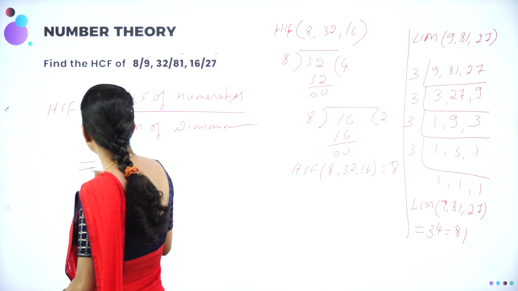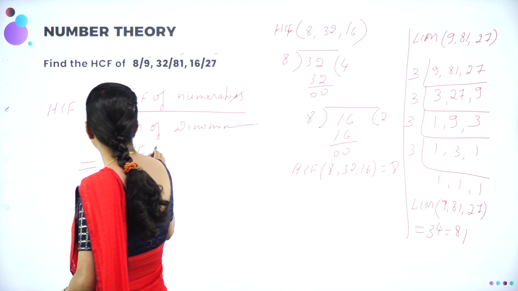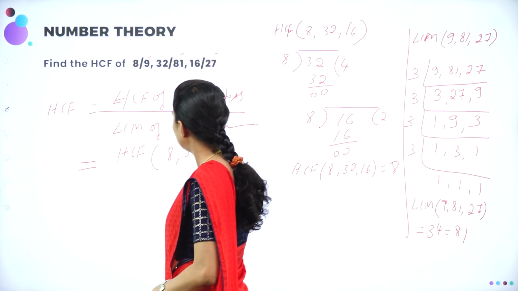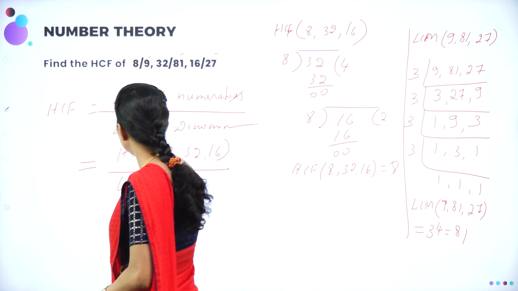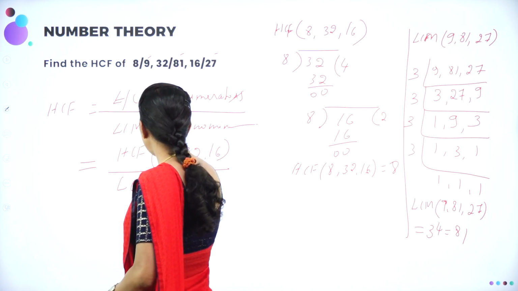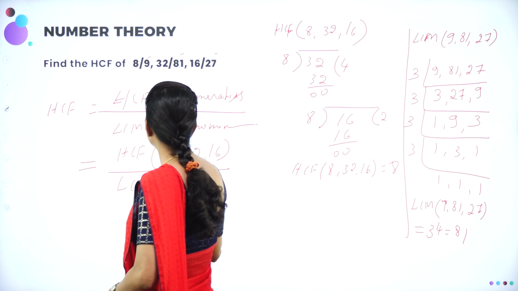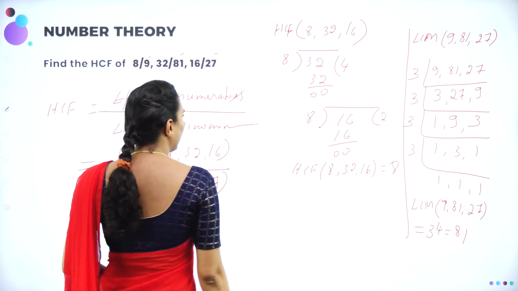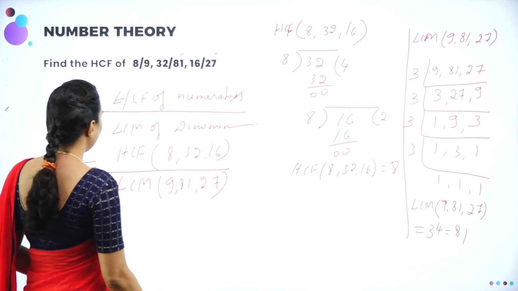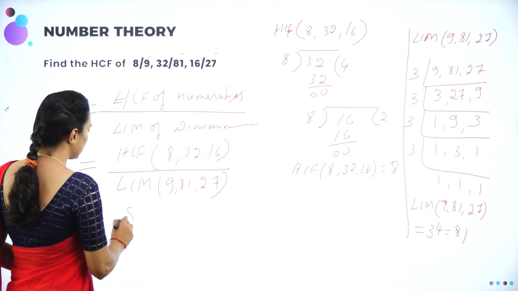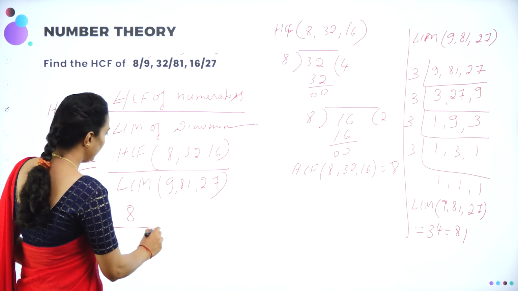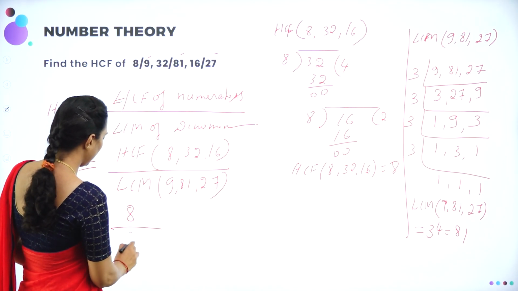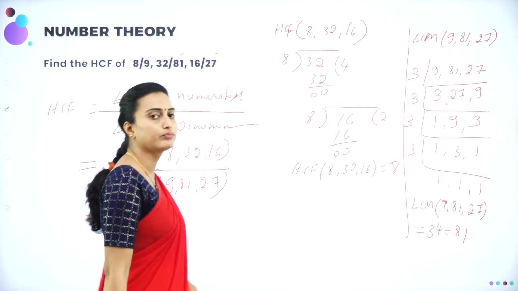So by taking HCF of 8, 32, 16 divided by LCM of 9, 81, 27. What we found out? We have found out that HCF of 8, 32 and 16 is 8 divided by LCM of 9, 81 and 27 is 81. This is your answer. Right?